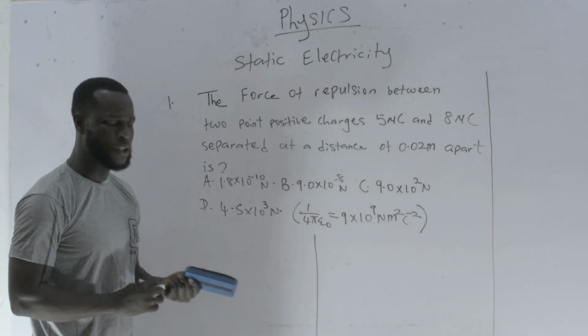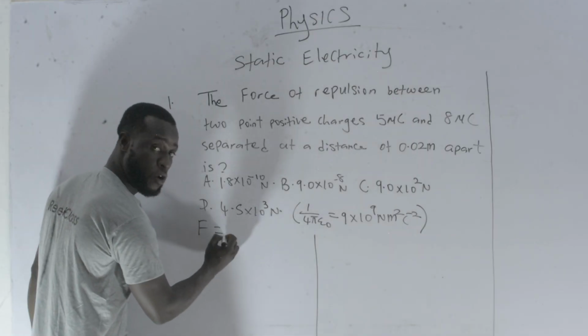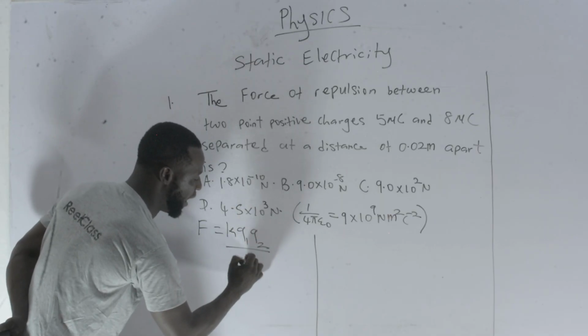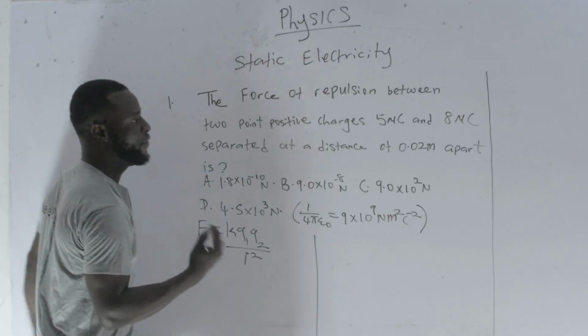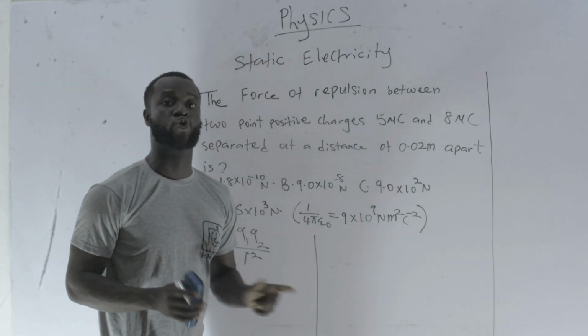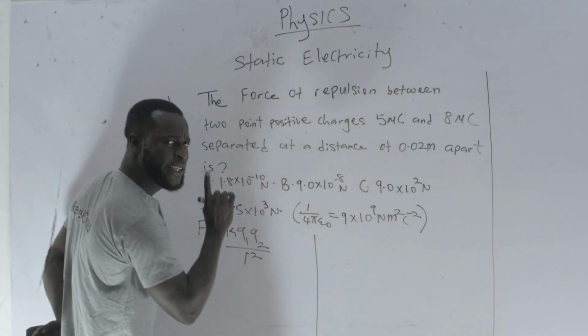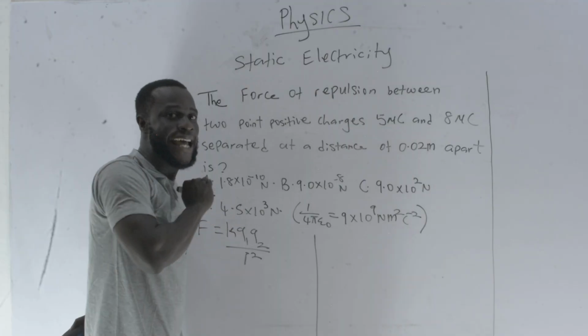So it will be important that I convert this microcoulomb to coulomb and then this microcoulomb to coulomb. Our formula obviously will be F is equals to K Q1 Q2 over R squared. We are given our distance apart at 0.02 meters. But the question did not give us K directly.